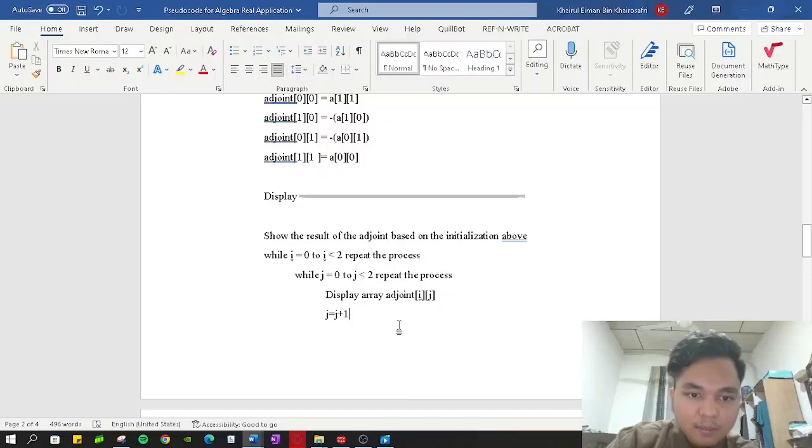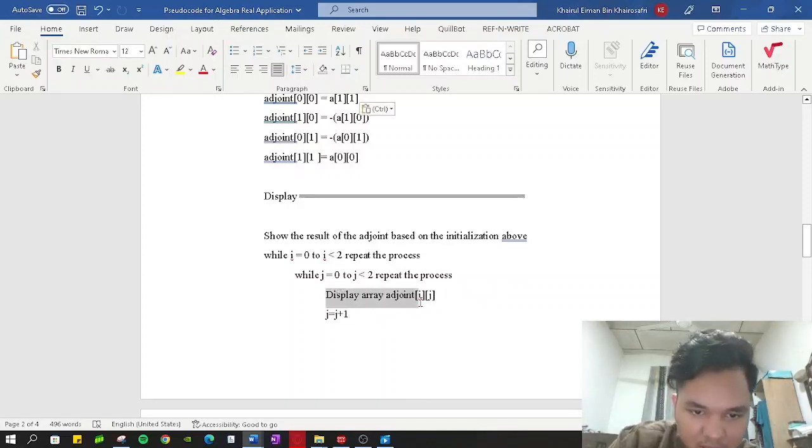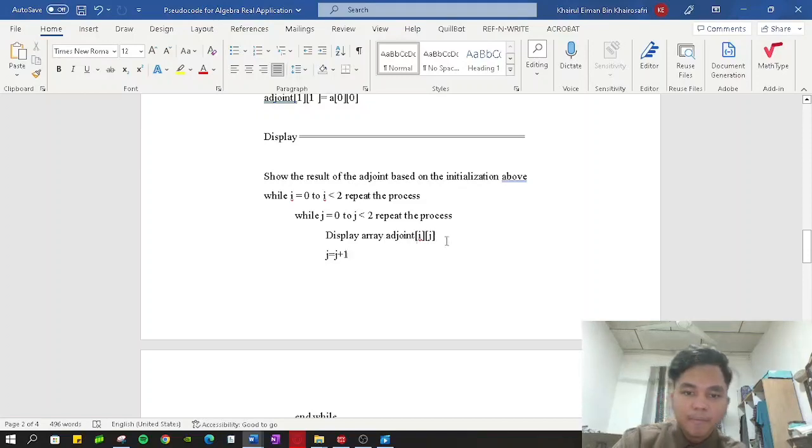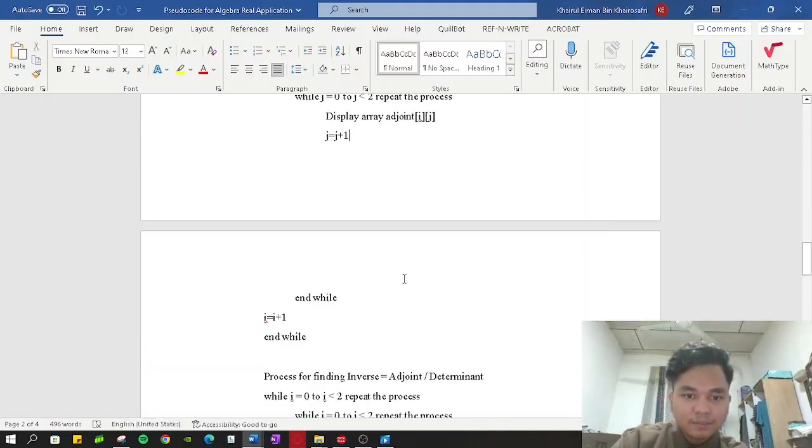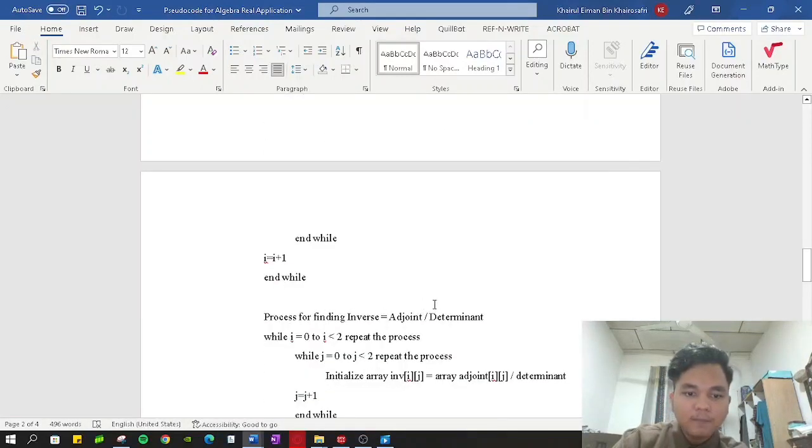It is the same loop, two loops. i equal to 0, i less than 2, j equal to 0, j less than 2, and repeat the process. And this is the main objective, which is display array adjoint i and j. So this is array, and while.